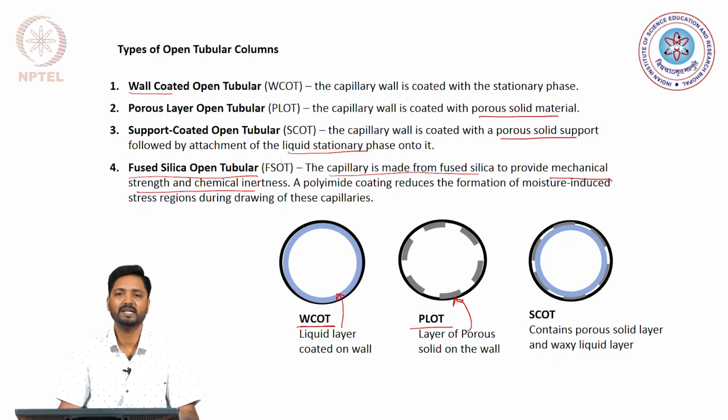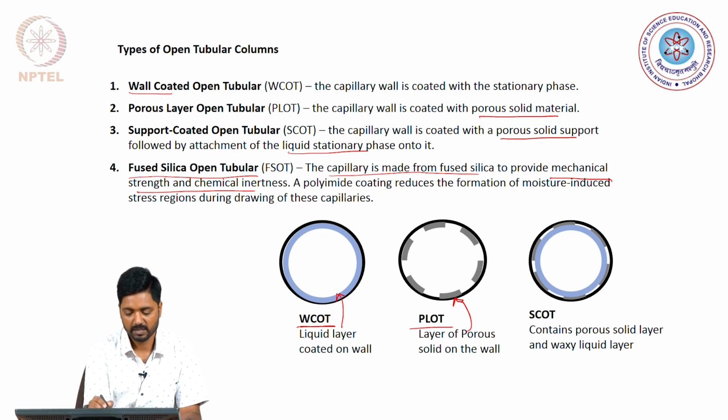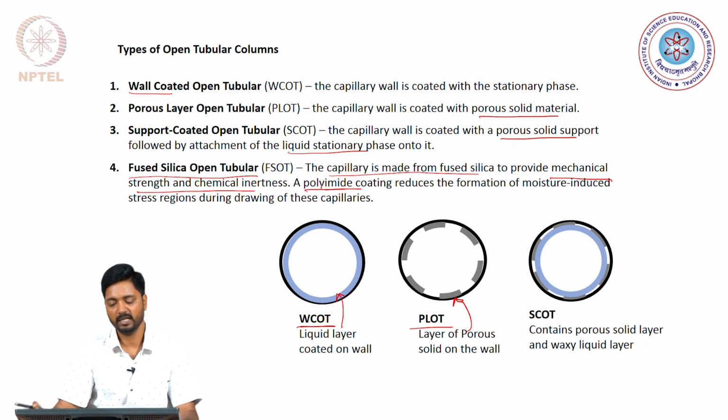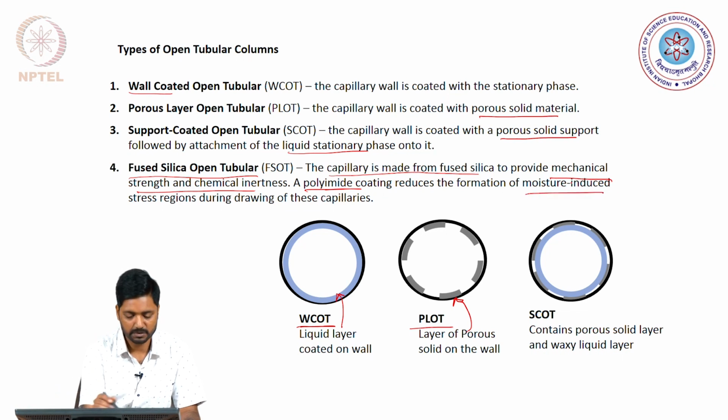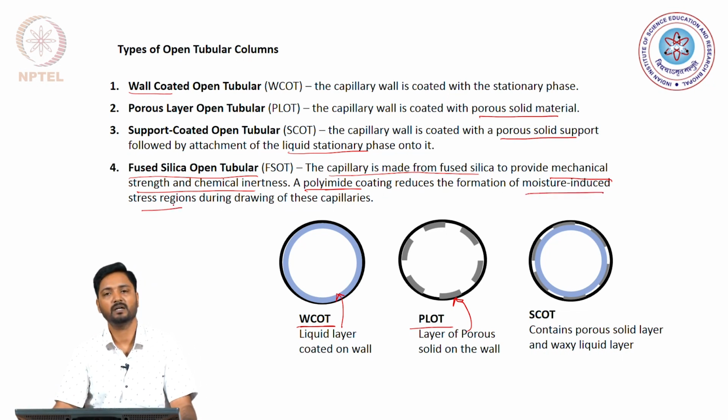An important technical requirement for creating really long and flexible silica tubes or capillaries is that when the capillary is drawn, it is immediately coated with a polyimide coating, which reduces the formation of moisture induced stress regions in the capillary and prolongs its shelf life.